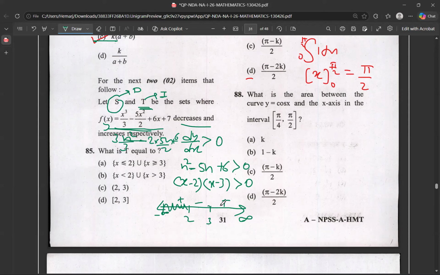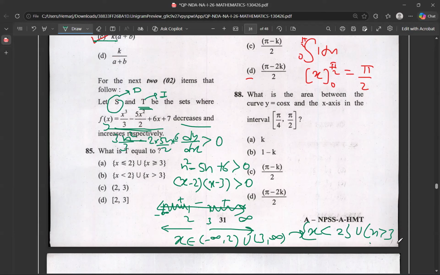It means x will be lesser than 2 and greater than 3. So I can combinedly write that x belongs to minus infinity to 2 union 3 to infinity. The another way to write the same is x is less than 2 union x greater than 3.